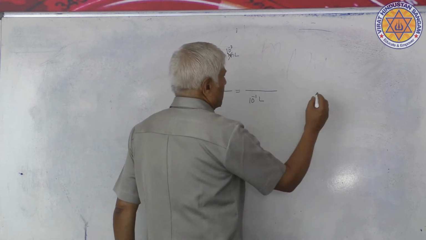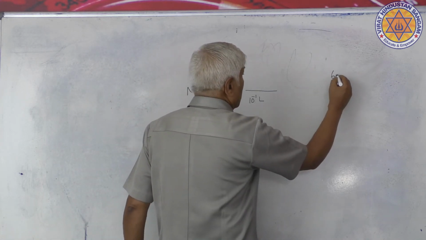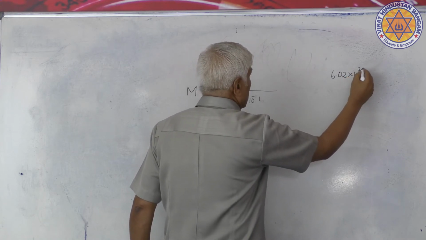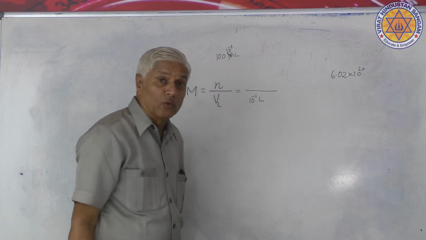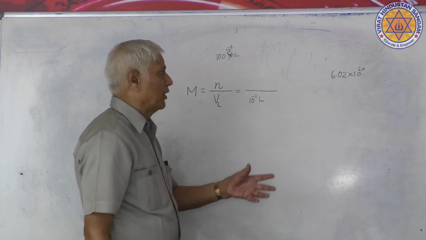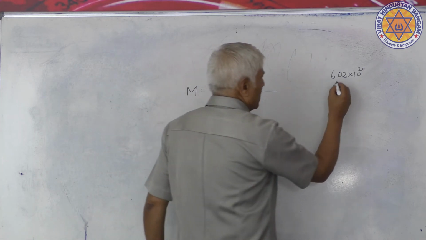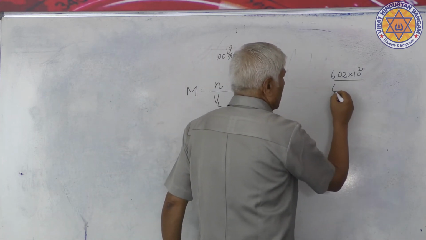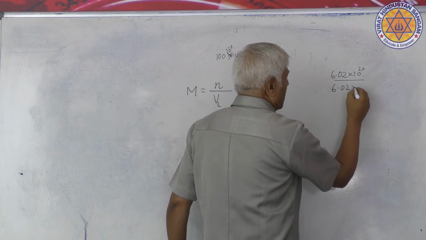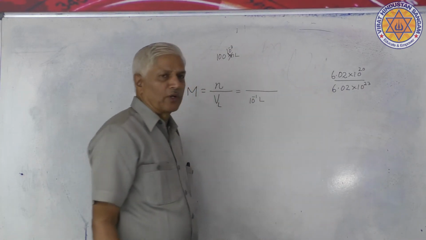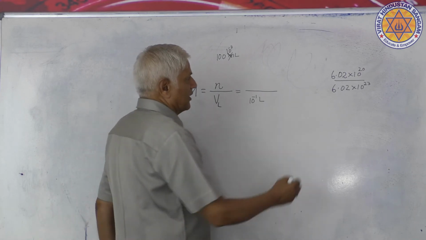Number of moles, we have given you number of molecules: 6.02 into 10 to the power of 20 molecules. Number of molecules becomes moles when it is divided by another number, namely Avogadro number, 6.02 into 10 to the power of 23.